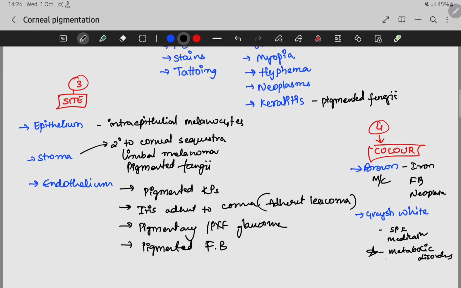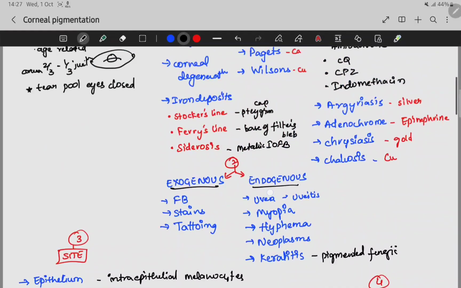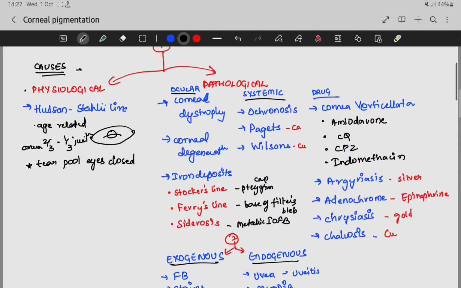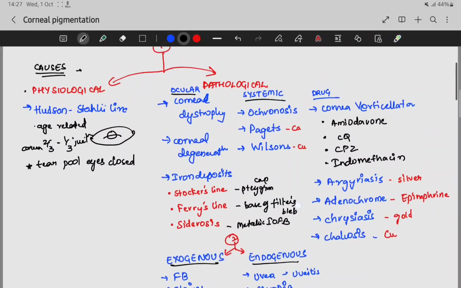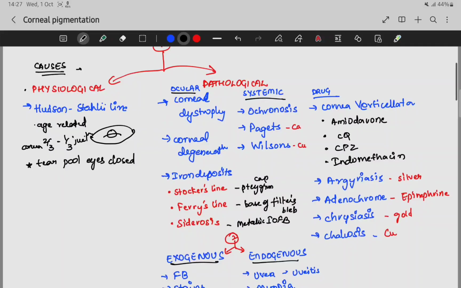So in this way we can come to a diagnosis also from where the pigment has been derived. Okay, so then we have a sand color or bluish color deposit which is seen in case of chronic soft contact lens usage. So with long term usage of the soft contact lens, we can see this contact lens related deposits. Okay, so these are the four types of causes and classifications of corneal pigmentation.